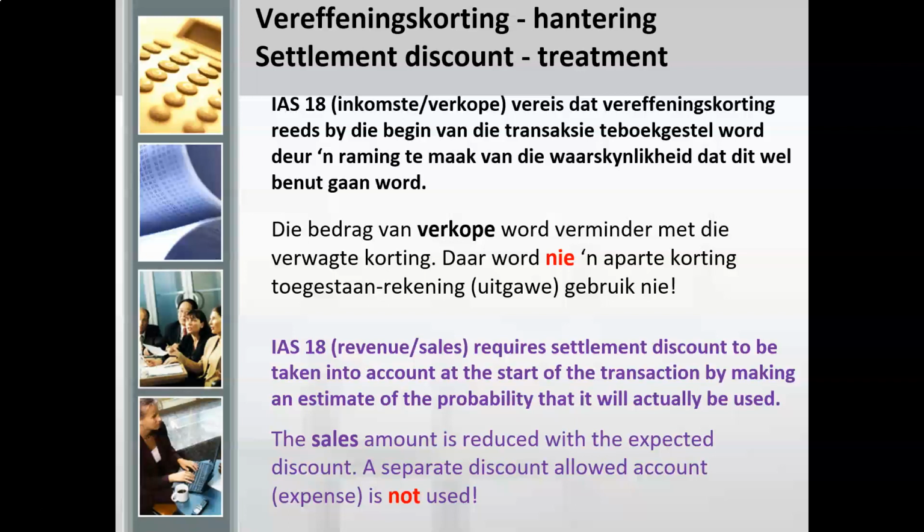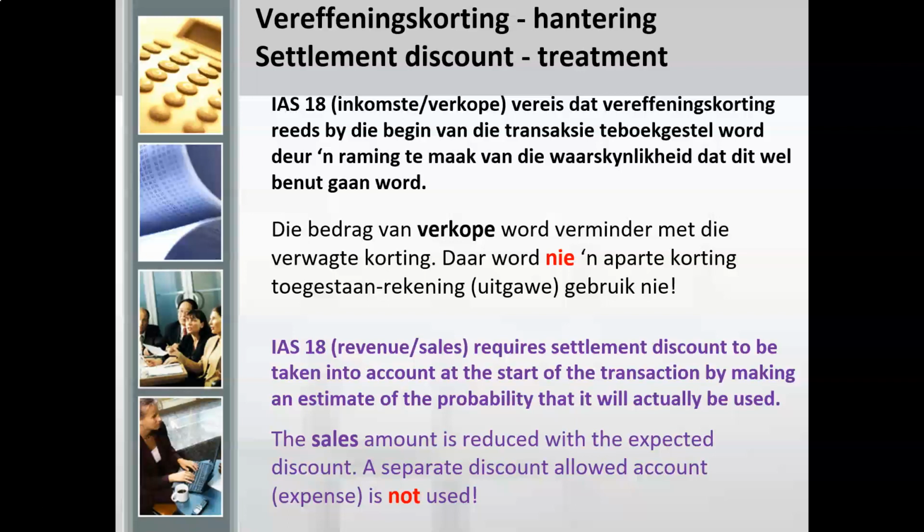You're going to start with your gross debtors, less allowance for credit losses, less allowance for settlement discount, net trade debtors, and then you're going to add the accrued income and the prepaid expenses, whatever, to give you a total of trade and other receivables. So that means that this allowance for settlement discount is also a statement of financial position account.